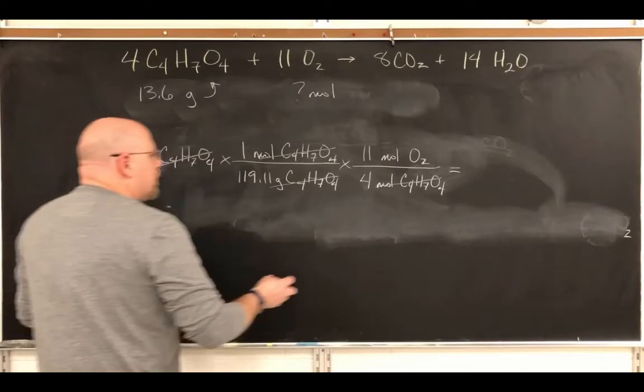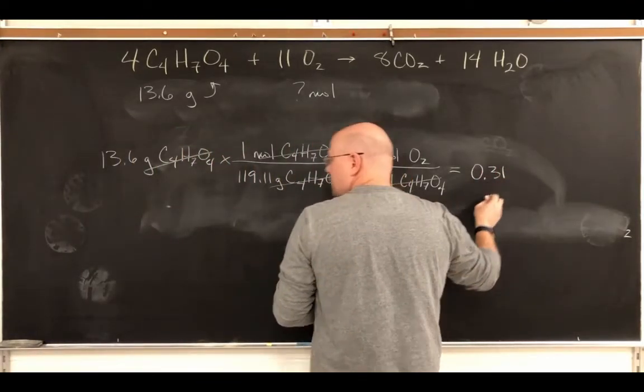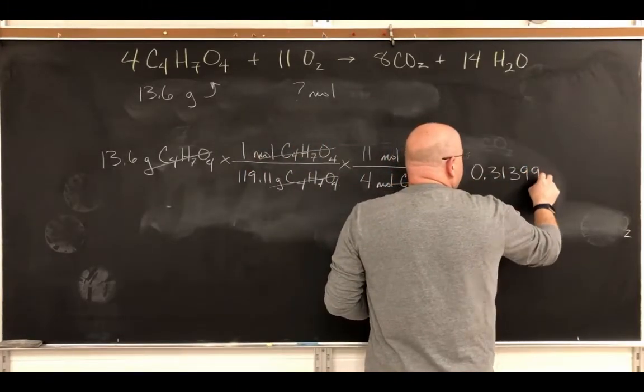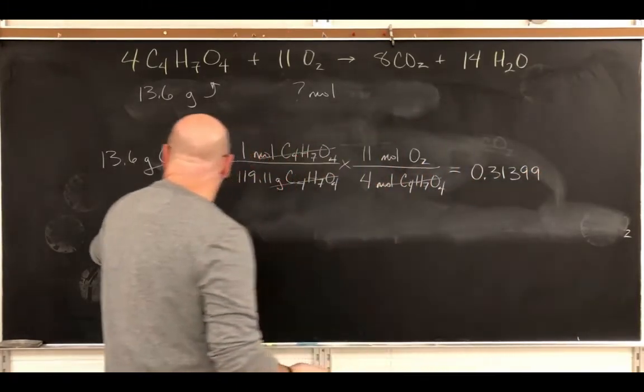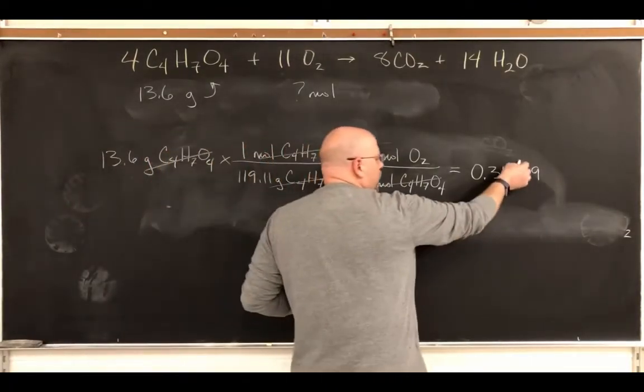When we do it on the calculator, we get 0.31399. And since we only need 3 significant digits, we're going to chop it off here.